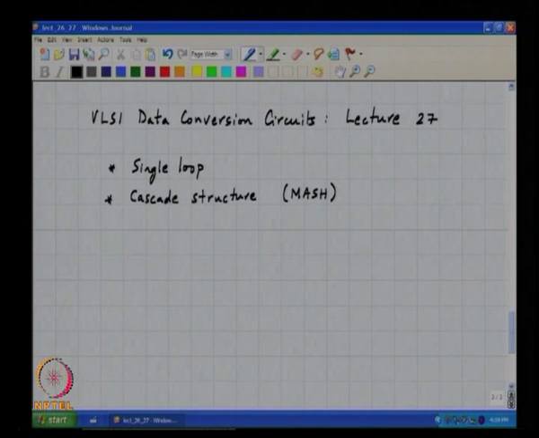The cascade structure, as we saw, depended on matching, because you use a second loop to digitize the error introduced by the first loop and subtract it from the output of the first loop, and this is done in the digital domain. So, one needs the transfer function of the digital cancellation filter to match the noise transfer function of the first loop, which through its inherent nature is analog.